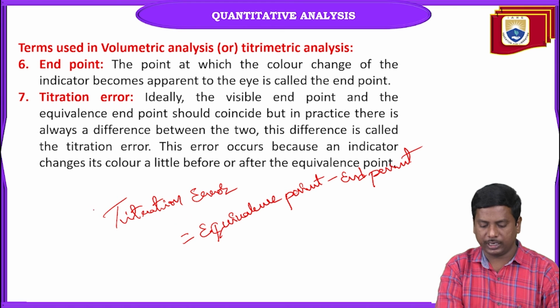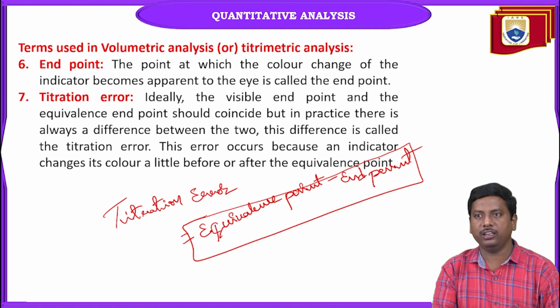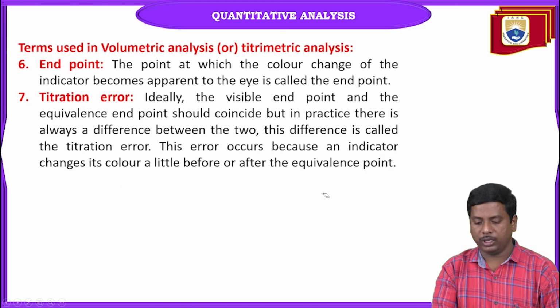So this is the titration error: the difference between equivalence point and end point. Okay. So ideally these two points match with one another, that means equivalence point and end point. But in practice there must be a difference between the two, that is equivalence point and end point.